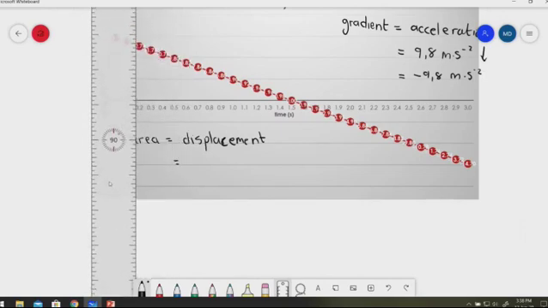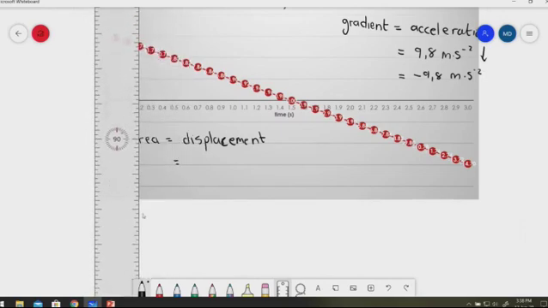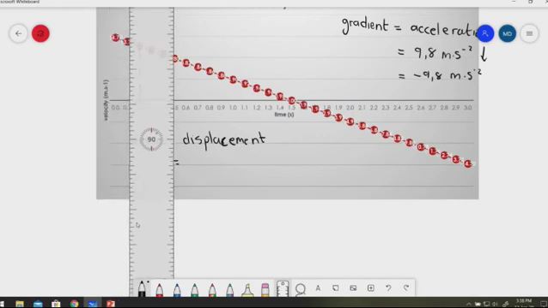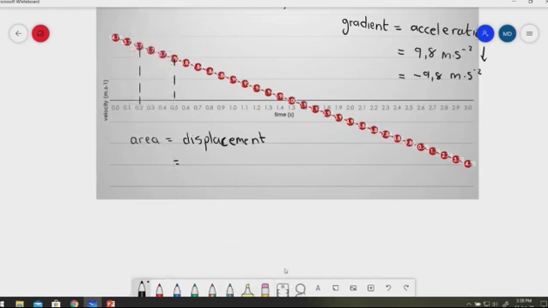So I need to calculate the area under the graph between 0.2 and 0.5 seconds. Now you'll notice that that is quite a funny shape.